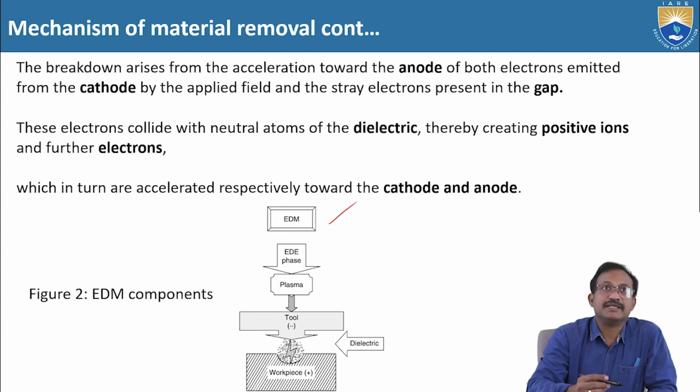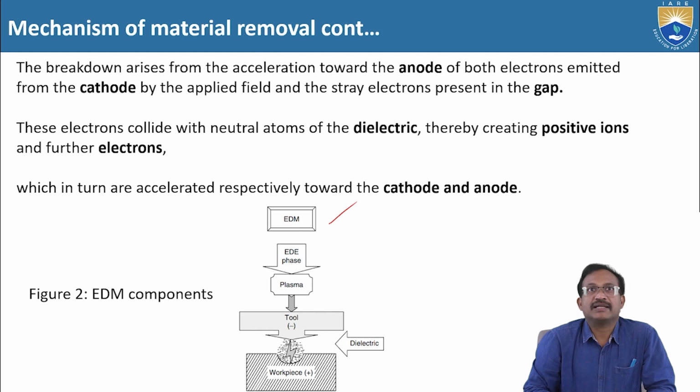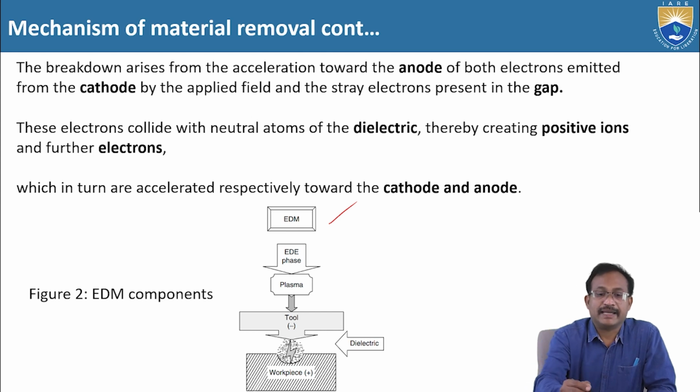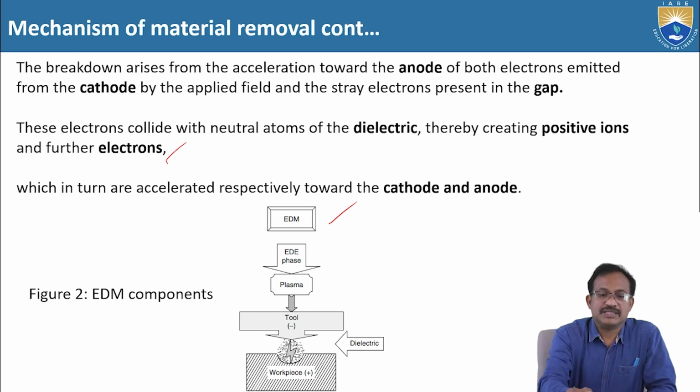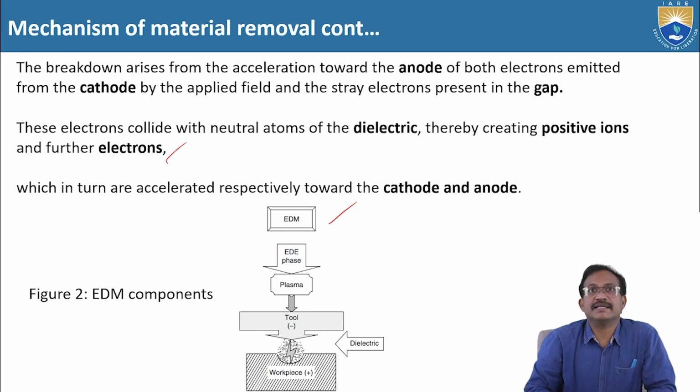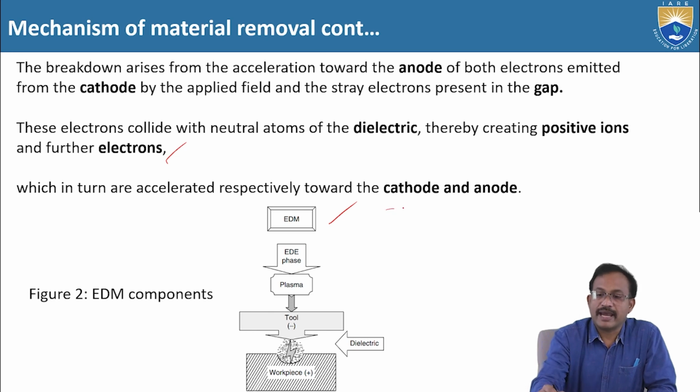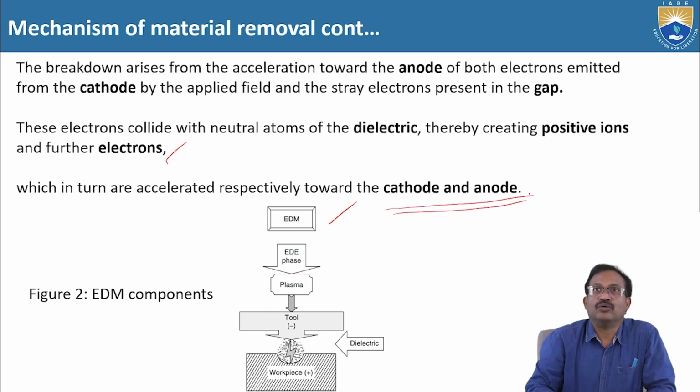Now the second point is these electrons collide with neutral atoms of the dielectric, thereby creating positive ions and further electrons, which in turn are accelerated respectively toward the cathode and anode.